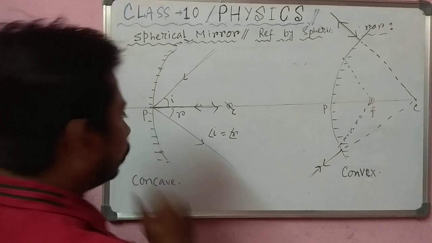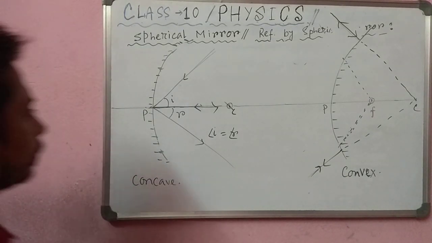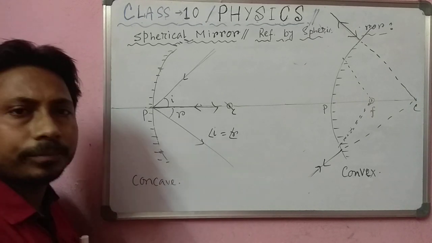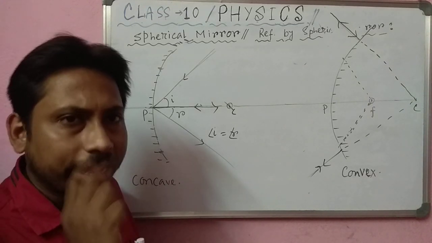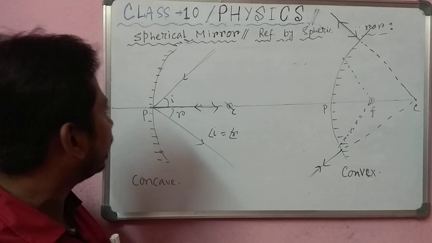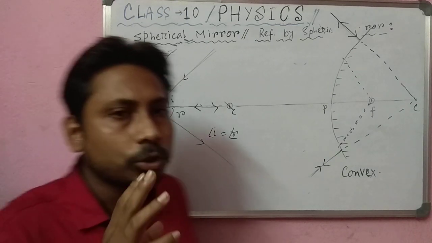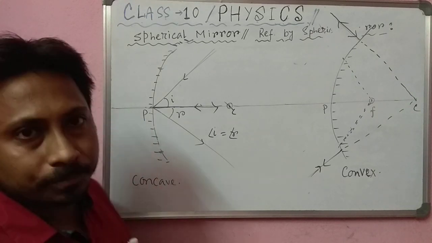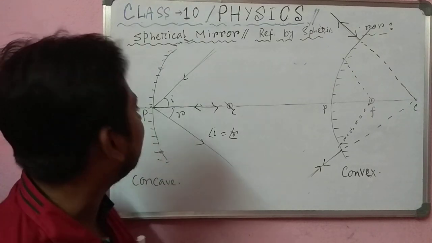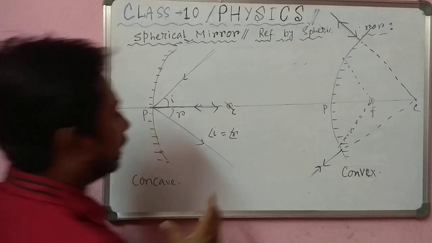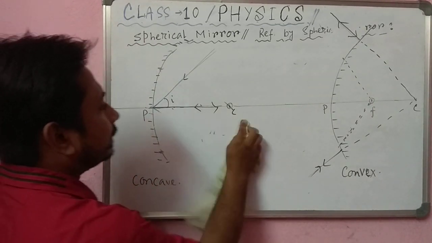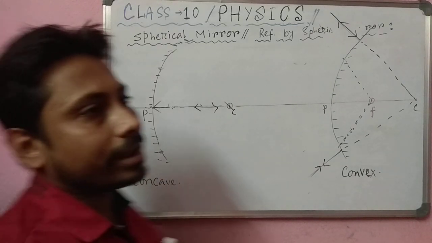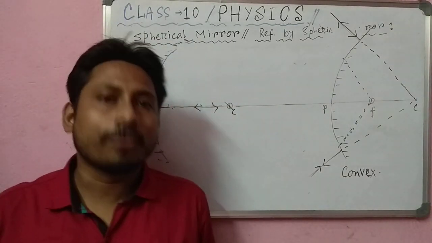Okay, so understood? For a ray diagram, student, you have to draw two rays, and by drawing the two rays you can form any type of image. These two rays are, number one, the ray of light passing through the center of curvature, and the other, the ray of light passing through the focus.